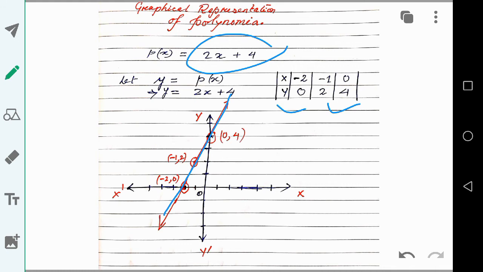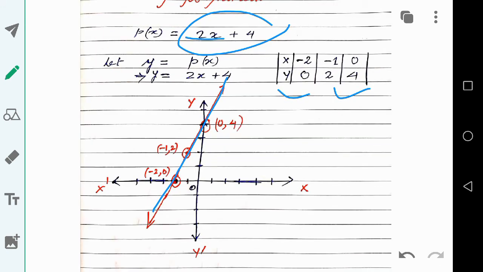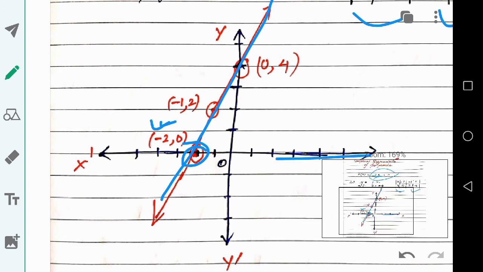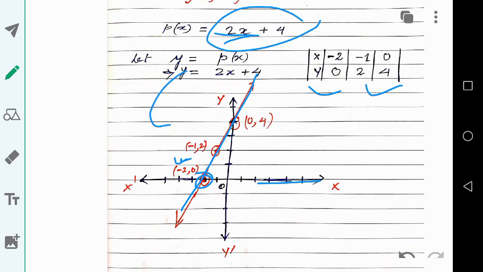Now you see, if it is a polynomial in x, then the x coordinate of the point at which it intersects the x-axis is the 0 of this polynomial. Here -2 is the 0 of this polynomial, because this graph intersects the x-axis at (-2, 0).